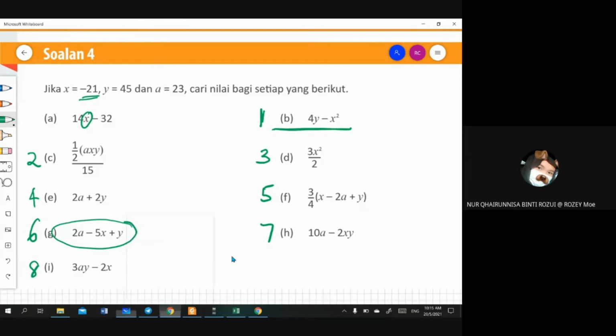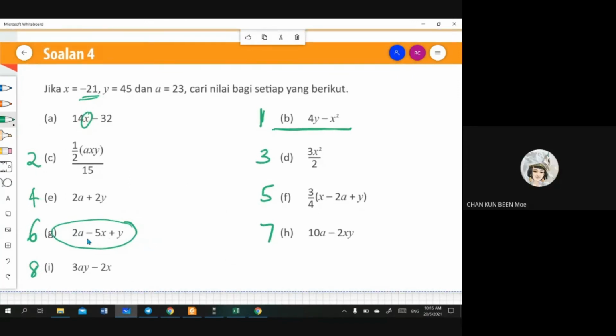196. Which group? Group 6. How much? 196. Okay, who are you? Kairunisa, is it? Yes, very good, Kairunisa.